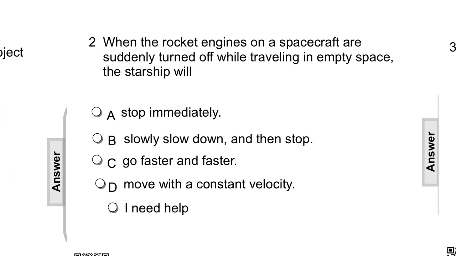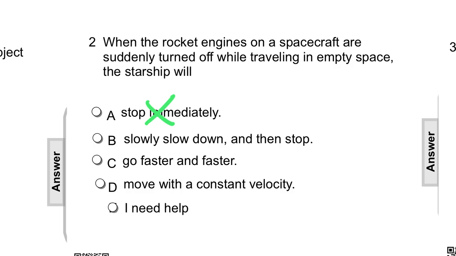When the rockets of a spacecraft are suddenly turned off, well, it's already traveling in empty space. The spacecraft will... you took away the force that was causing it to accelerate, but it's not going to stop immediately.